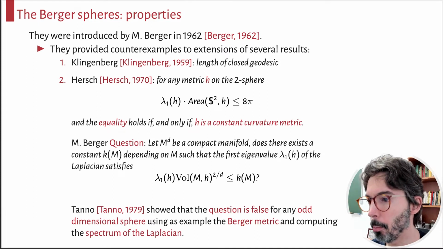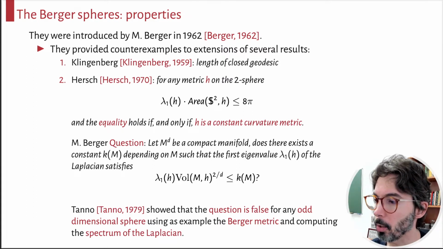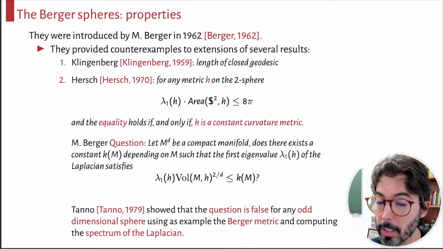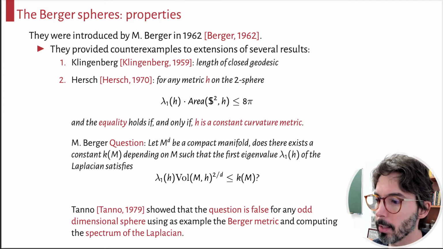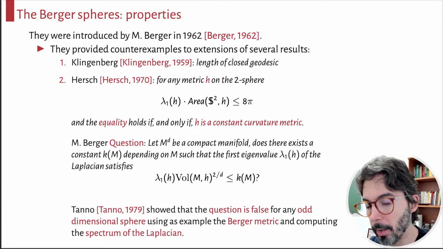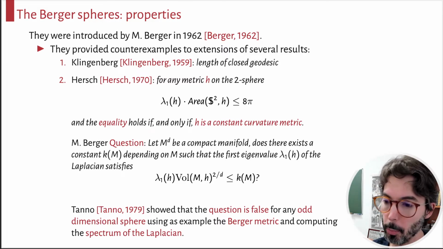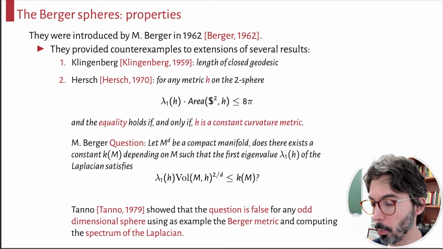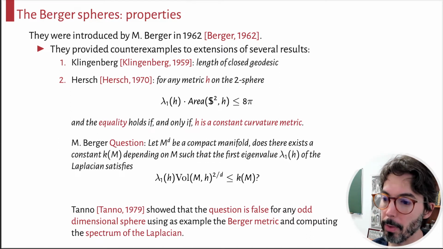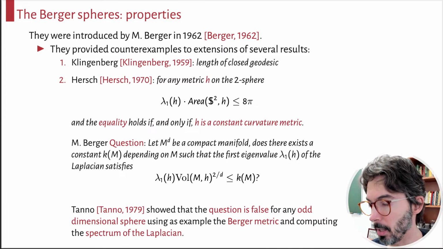So if I consider a compact manifold M, does there exist a constant k depending on M such that the first eigenvalue of the Laplacian satisfies this inequality? The answer is no. The question is false. And Tanno showed that odd-dimensional spheres, Berger spheres, show that this is not possible. And the way he showed this was computing the spectrum of the Laplacian of the Berger metric, which will be important for us in this talk.